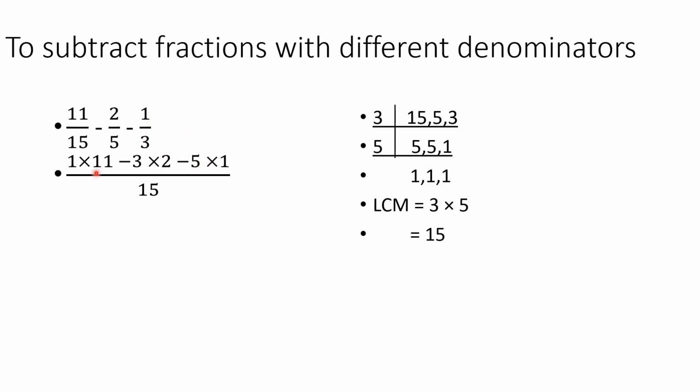So here 1 11s are 11 minus 3 2s are 6 minus 5 1s are 5. So here 11 minus 6 minus 5 by 15. So 11 minus 11 is 0. So here 0 by 15 and we know when we divide 0 we get 0 as the answer. So 0 divided by 15 equals to 0.